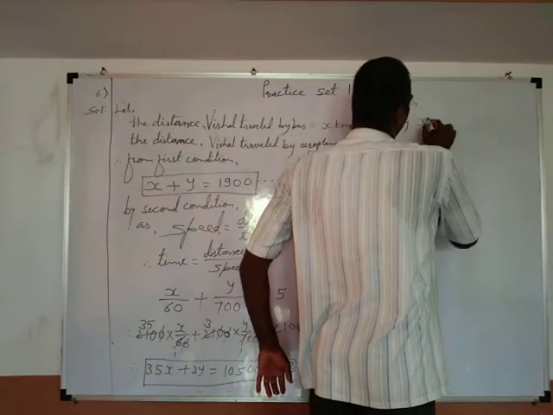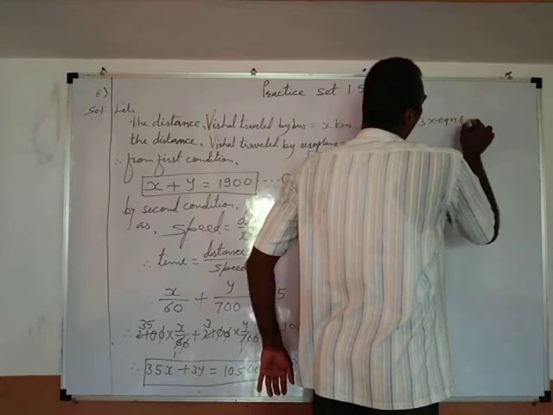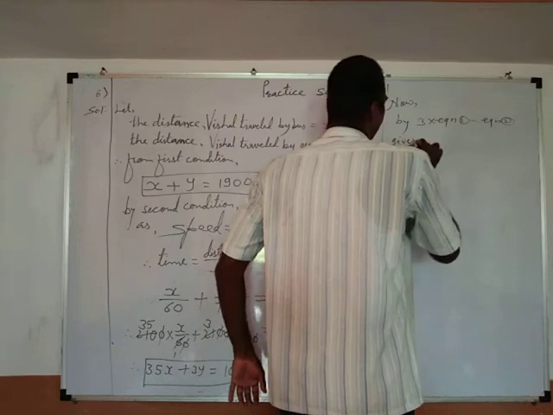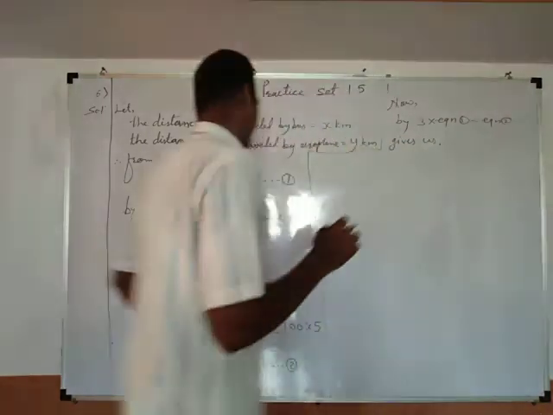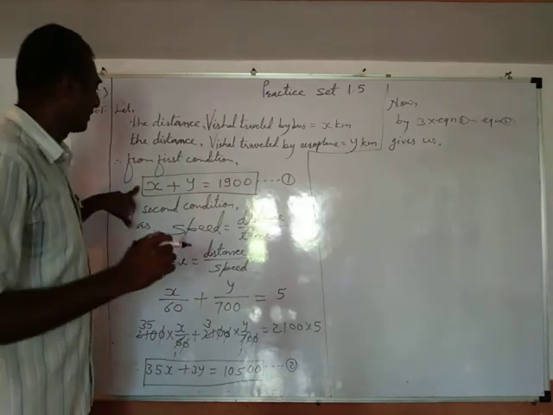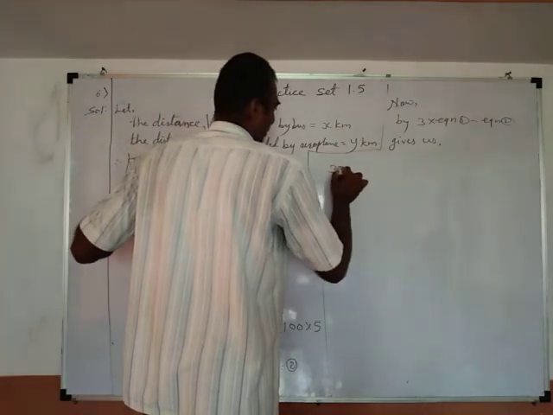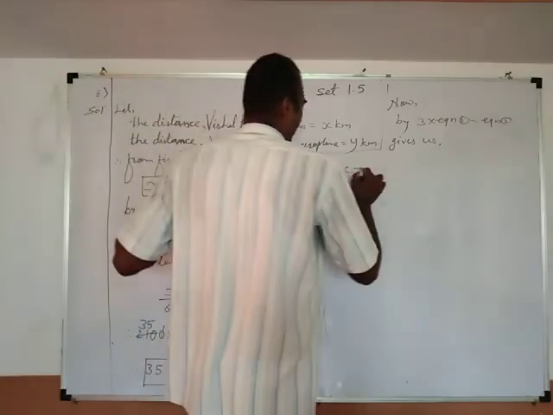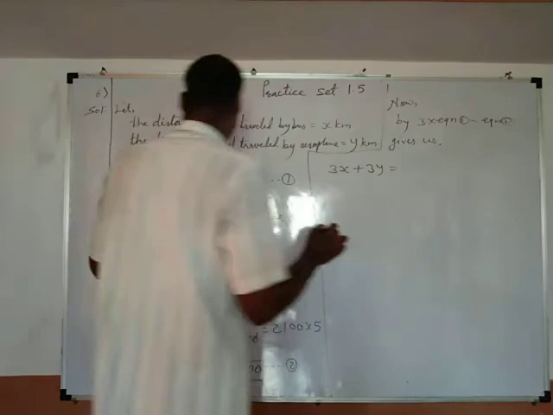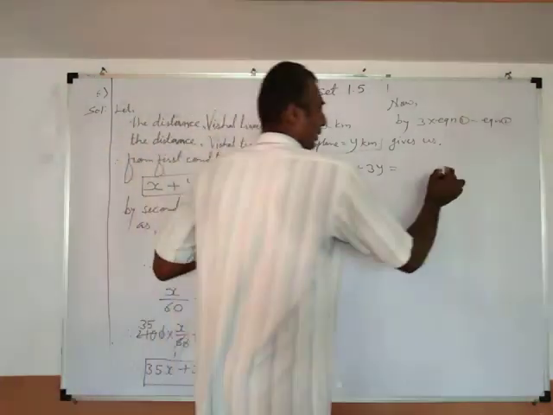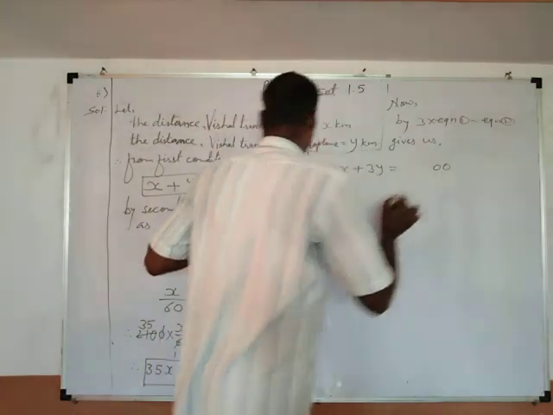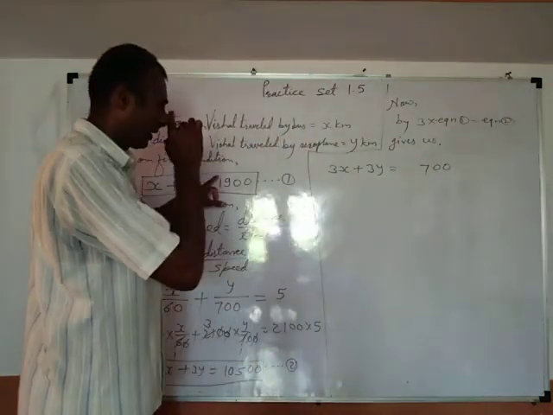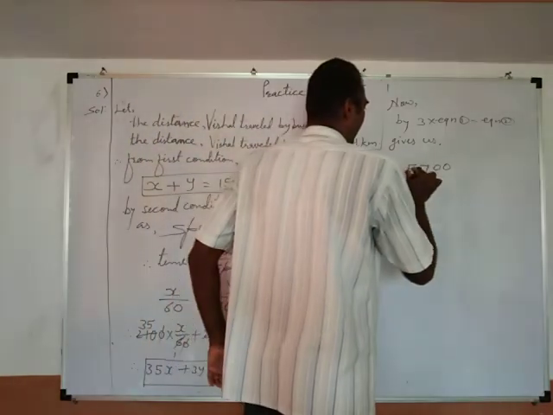By 3 into equation 1 minus equation 2 gives us, let's see what it gives us. 3 into equation 1 is 3x plus 3y equals 3 into 1900, that is 5,700.